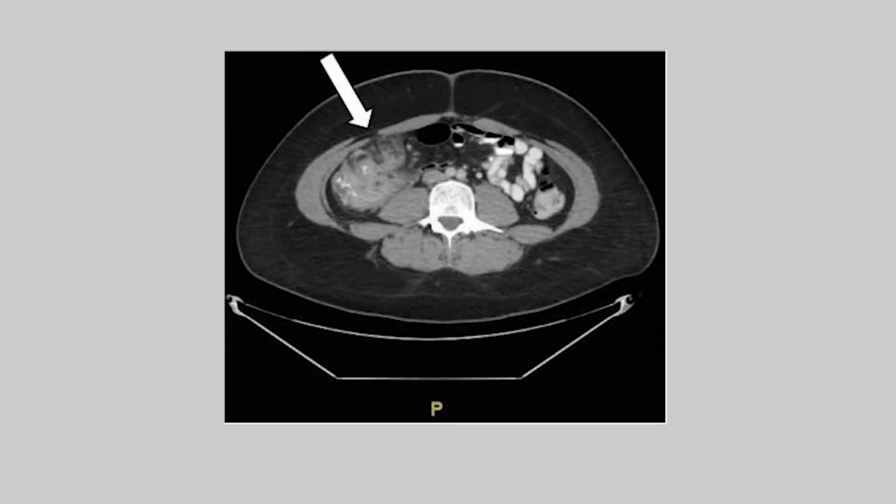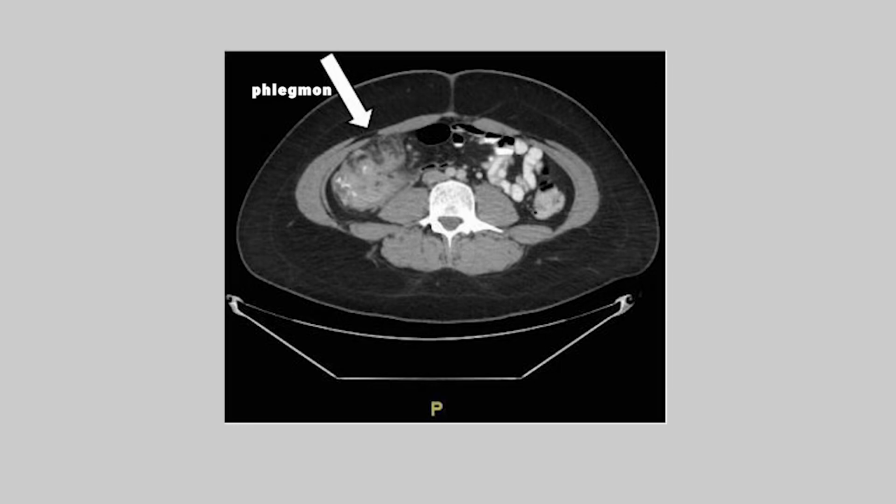Now I want to show you two more pictures that contain phlegmon and abscess. Appendiceal phlegmon is considered to be a sequela of acute appendicitis, which presents as an appendiceal mass composed of inflamed appendix, the adjacent bowel loops, and the greater omentum.